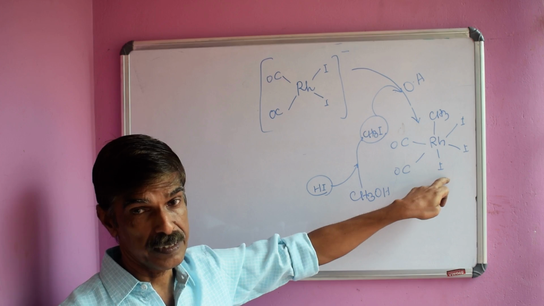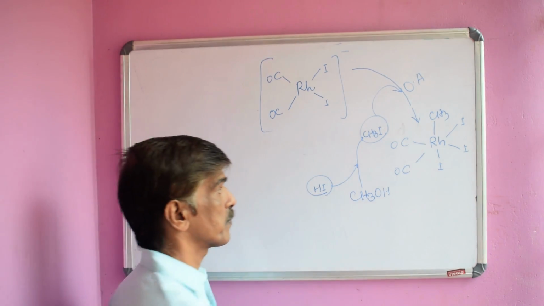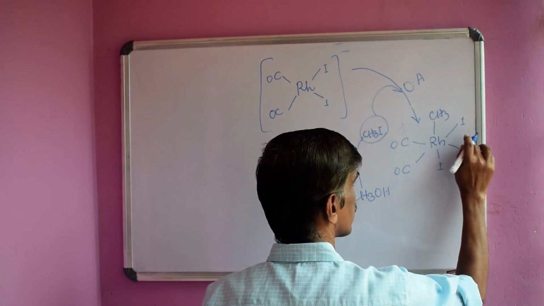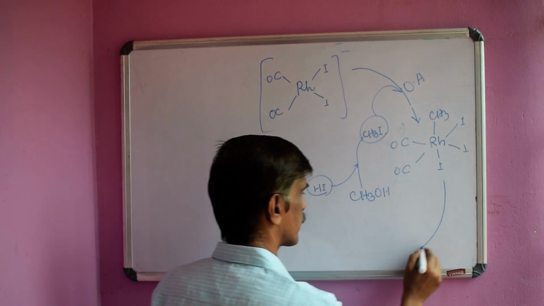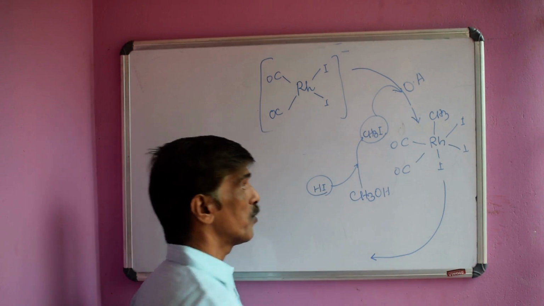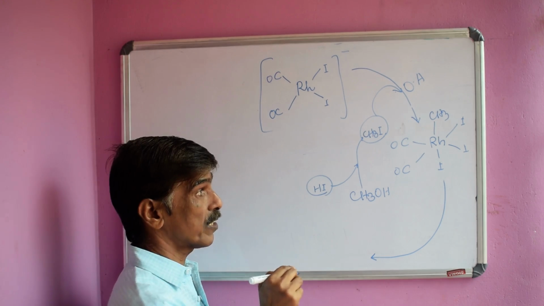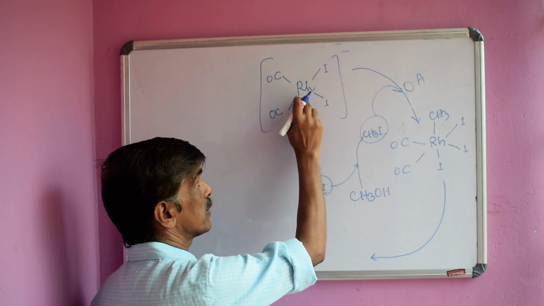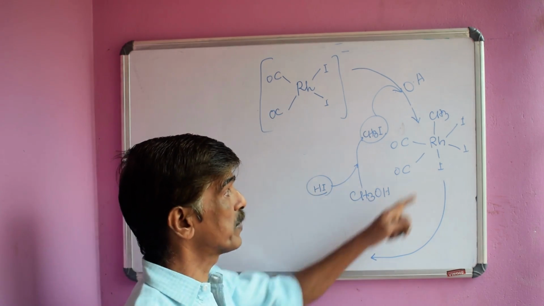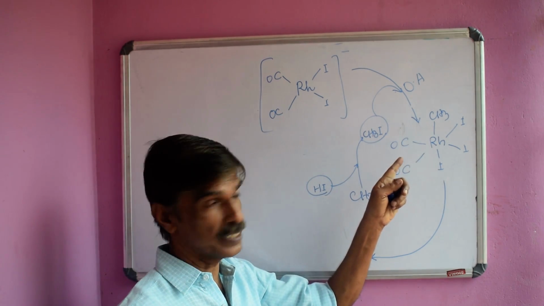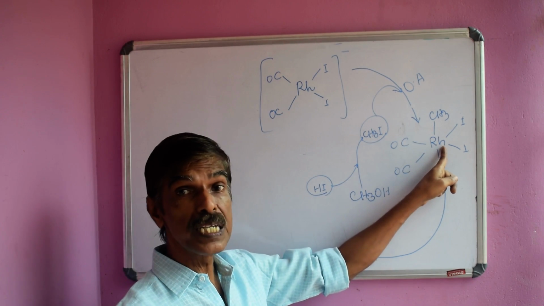Is it clear? Very very simple. Now this species is 16 electron, and this becomes an 18 electron species, and that is again a rhodium 3.